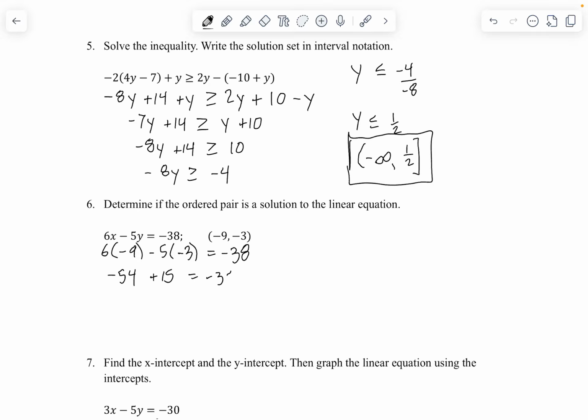Negative 54 plus 15 is actually negative 39. So I get negative 39 equals negative 38, which is clearly false. So that means this ordered pair is not a solution.